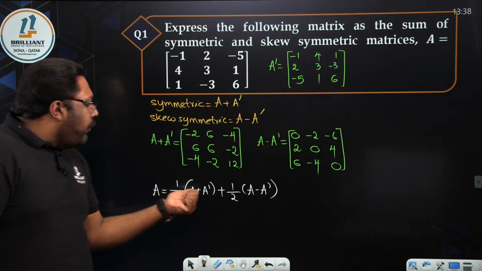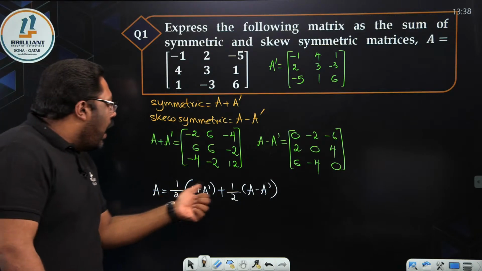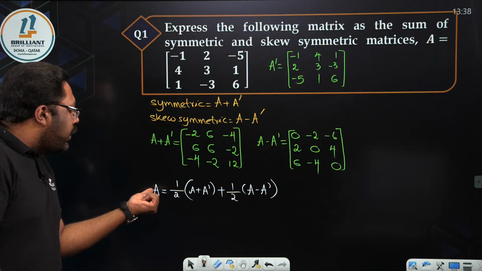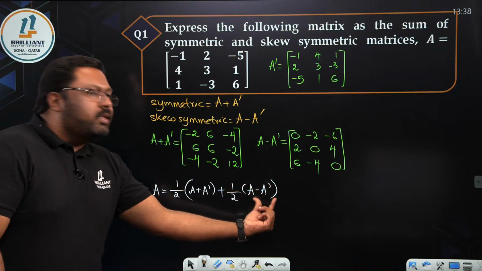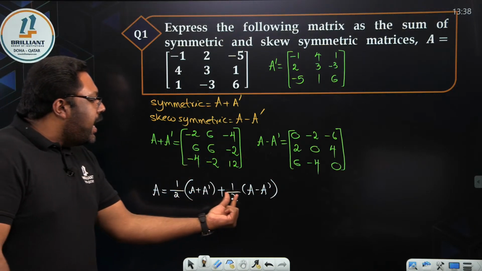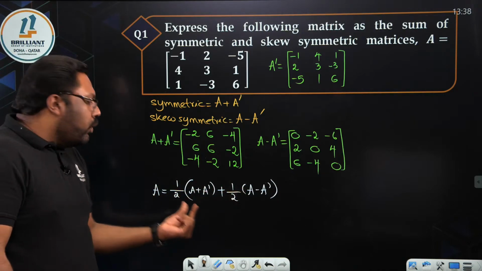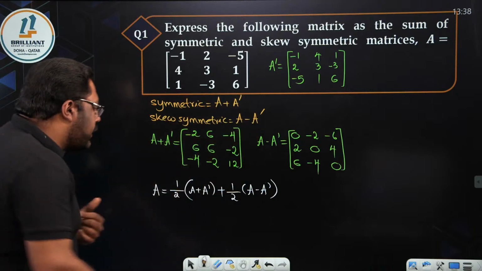Half A plus half A is A. Half A dash minus half A dash cancels off. So how can I express A as the sum of a symmetric and skew symmetric? Half of A plus A dash, half of A minus A dash. Remember the equation, all of you?